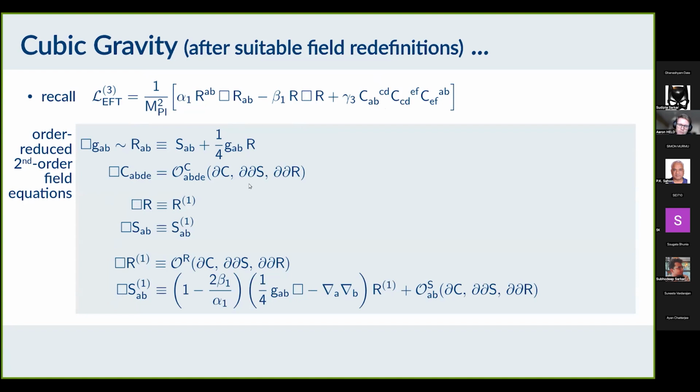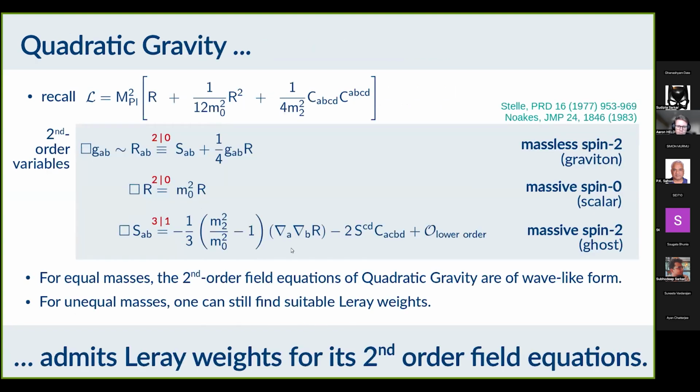They don't introduce additional initial data. Then you have again a massive scalar and another copy of a massive scalar and a massive tensor and another copy of a massive tensor. And all of this is diagonal, except again for this offending term here, which is very similar to the one which you saw for the Noakes quadratic gravity case.